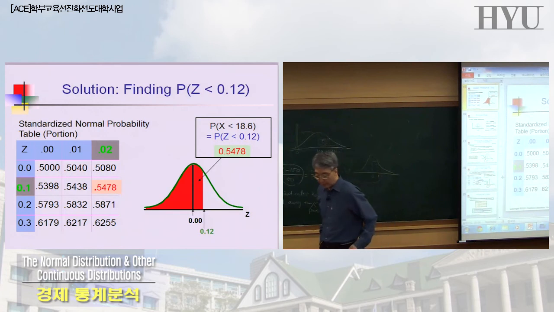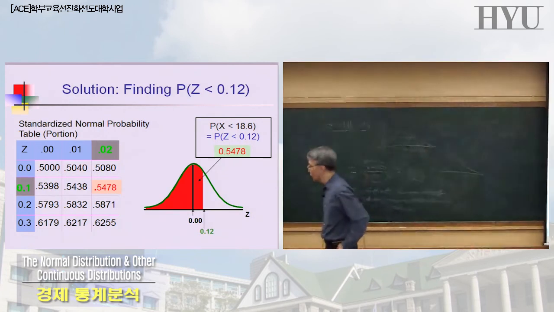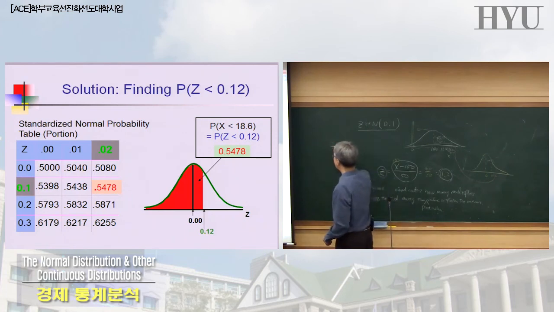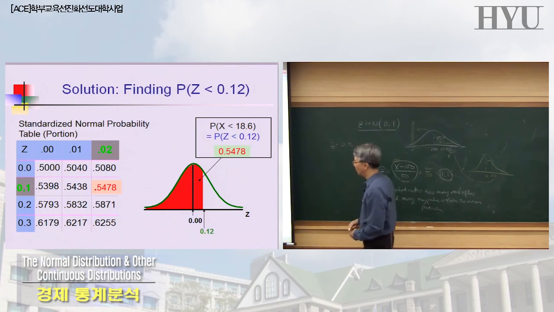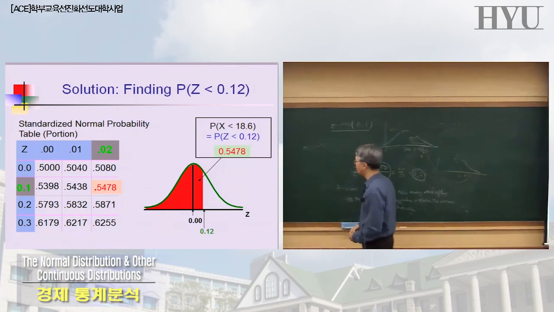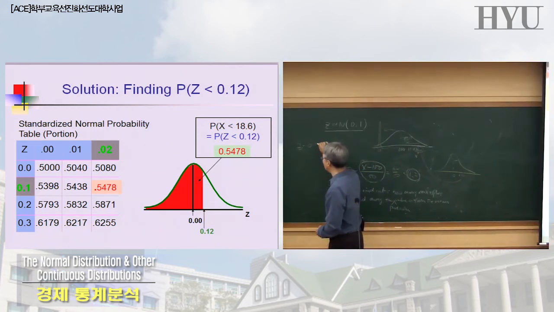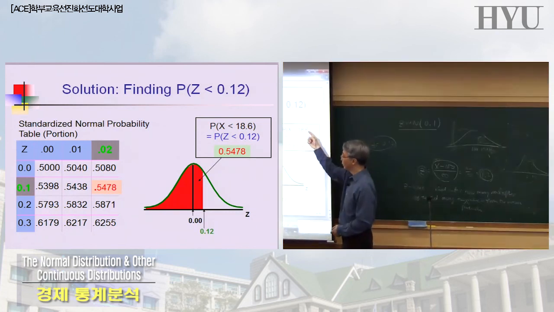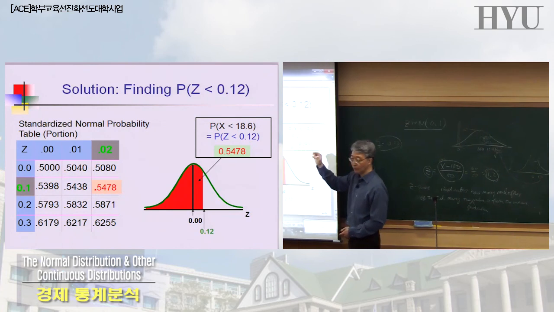So suppose you converted that particular x value into a z-score, and the z-score came out to be 0.12. The original number was 18.6, and I skipped some examples here.